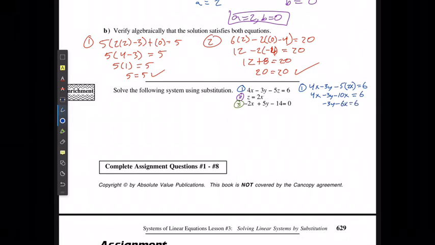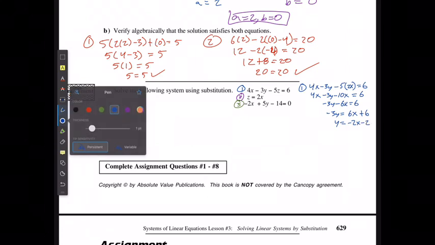Well, since I'm already here, I might as well isolate for one of the variables in this one, and in this case, I'm going to isolate for y. So I'm going to say that negative 3y is equal to 6x plus 6, or y is equal to negative 2x minus 2.